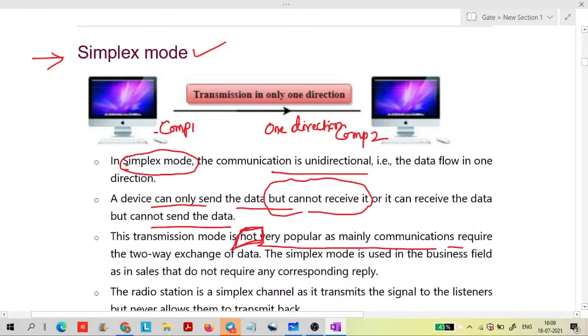So it is not very popular as mainly communication requires two-way exchange of data. The simplex mode is used in the business field, as in sales, that do not require any corresponding reply.